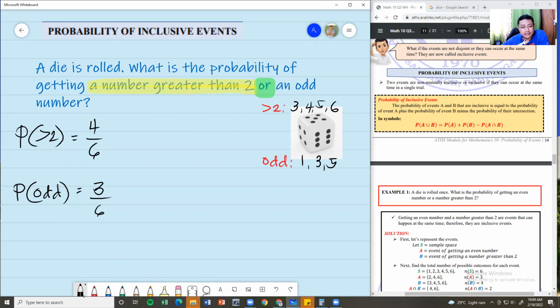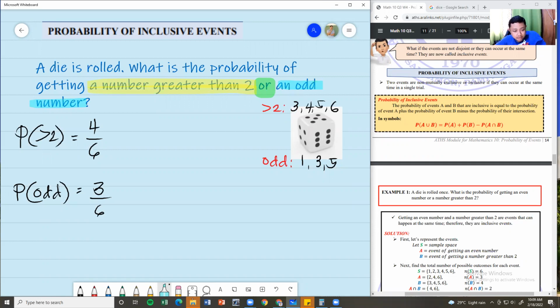And now, this is what I am referring to you now with the inclusive events, the inclusivity. Yan. Have you noticed that there are elements in your events that are the same? Are there similar elements in your two given events? Yes. What are those? The 3 and the 5. Ayun, the 3.